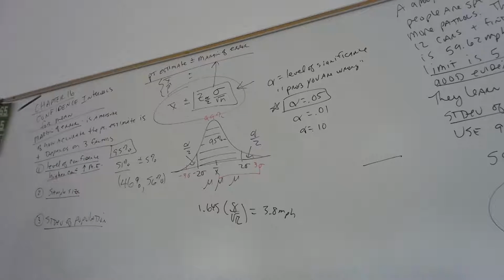Are you wanting a large or small margin of error, or does it matter? Well, generally, these things play against each other. What if you want to keep your confidence level the same, but you want a smaller margin of error? You're going to get a larger sample.